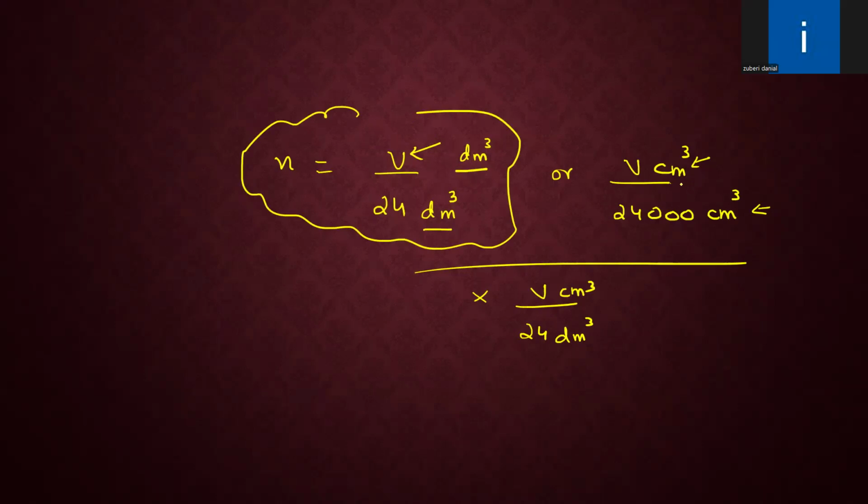It's either cubic decimeter or cubic centimeter, both in numerator and denominator. What you can't do is you cannot use cubic centimeter in numerator and cubic decimeter in denominator. Either it should both be cubic decimeter or it should both be cubic centimeter. Okay.